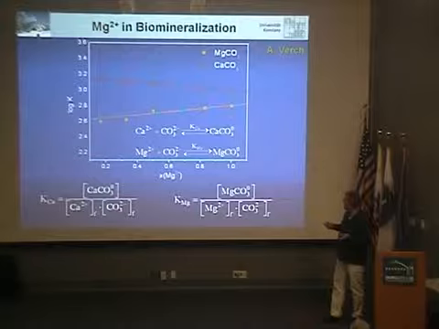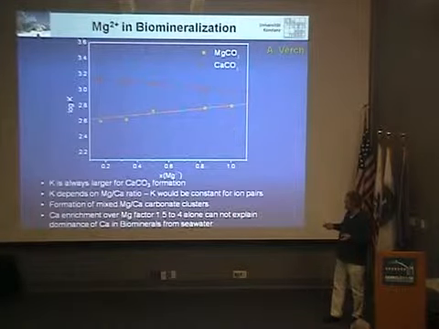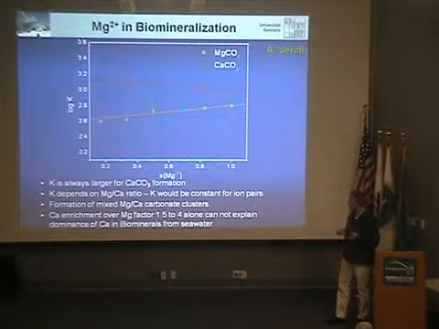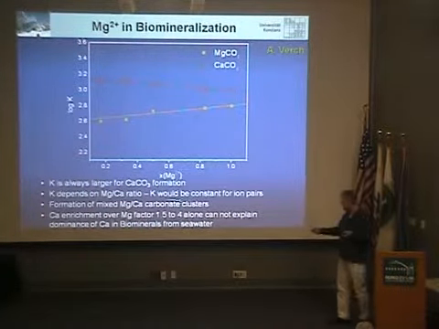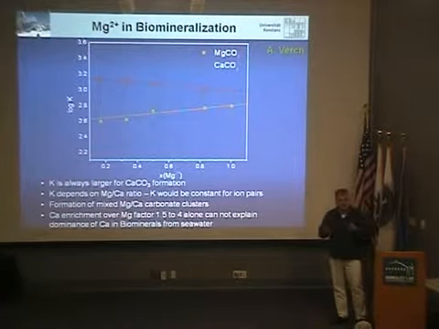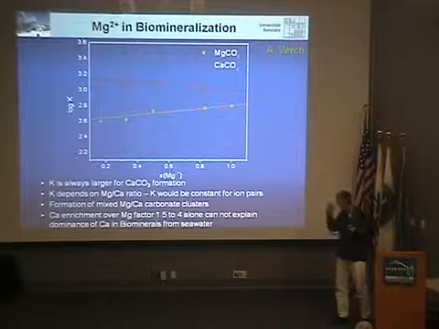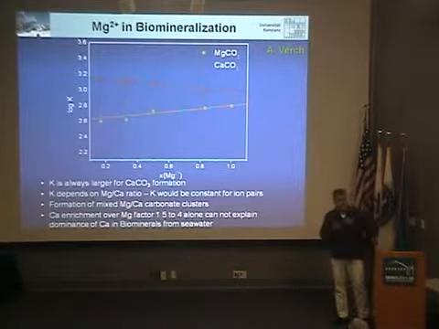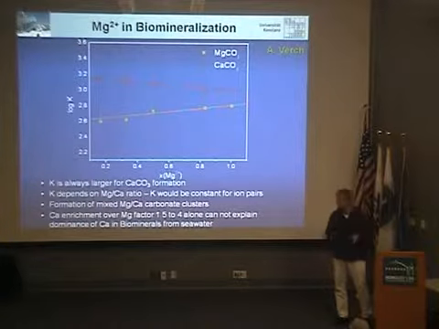So the message here is that although the equilibrium constant is always higher for calcium carbonate formation, nevertheless, the factor is only 1.5 to 4, and it cannot explain the calcium enrichment in biominerals, because you start from a situation where you have 5-fold excess of magnesium over calcium.